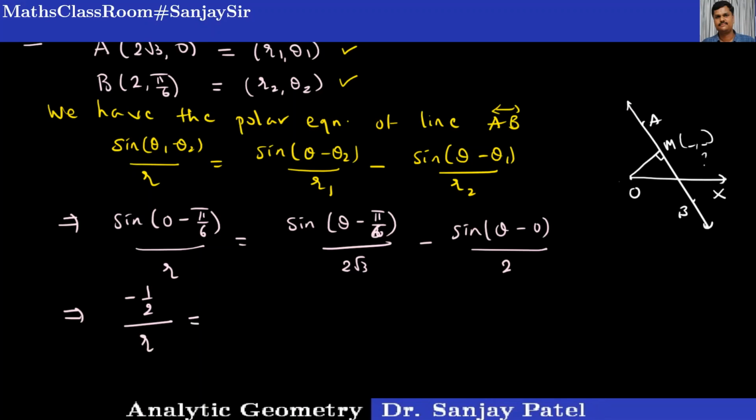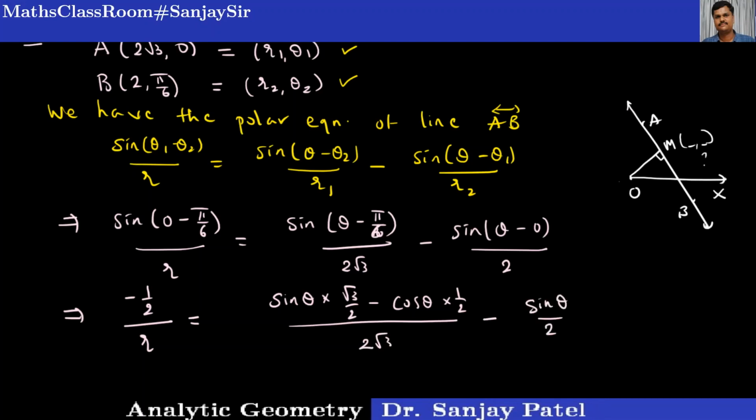This sine(theta minus pi by 6), I want to expand using sine(alpha minus beta): sine theta into cos pi by 6, which is root 3 by 2, minus cos theta into sine pi by 6, which is 1 by 2, upon 2 root 3, minus sine theta by 2. And you note that this 2 will be cancelled with this and this.